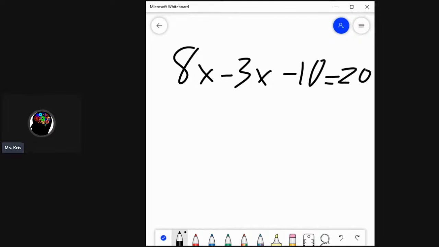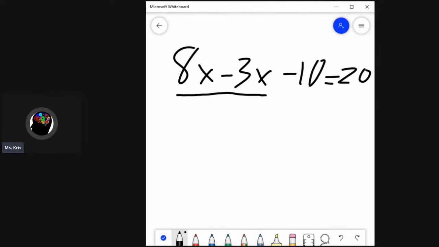So combining like terms simply means I'm adding and subtracting terms that are alike. The terms that we have that are alike are 8x and 3x. The reason why you can add or subtract them from each other is because they both have x to the first power.